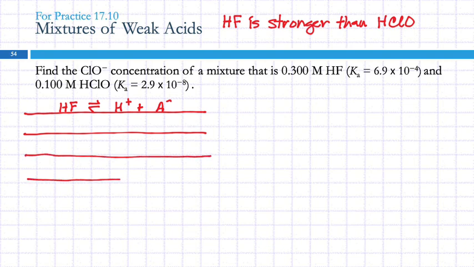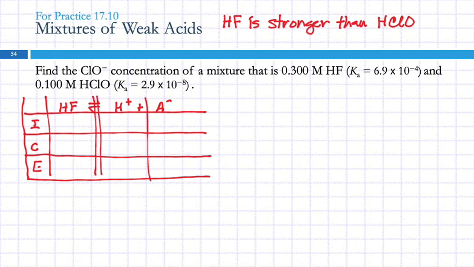Do we really have to write the aqueous symbols in there? No, we don't. ICE. Initial concentrations: 0.3 for the HF, and 0 and 0 for those products. Minus X, plus X, plus X, 0.3 minus X, X and X.